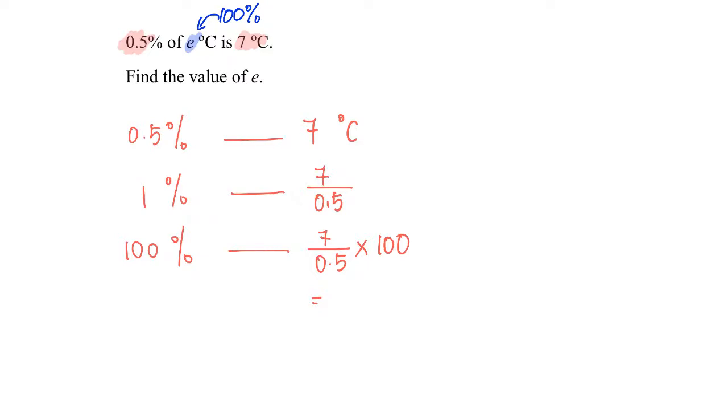And this will give me a value of 1400 degrees Celsius. And because E is 100%, the value of E is 1400.